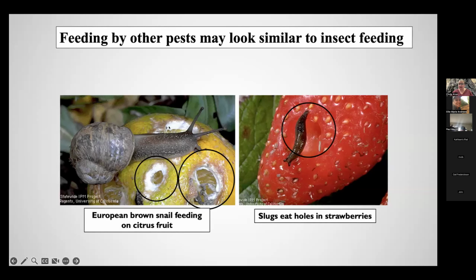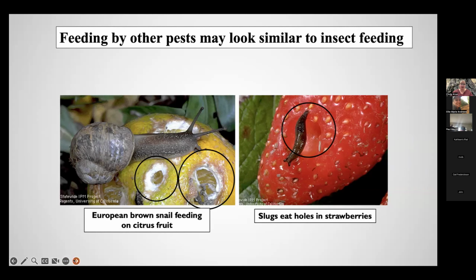It's a mollusk. And slugs eating holes in strawberries can have portions of that strawberry missing, which you would think is chewing mouth parts of an insect, but it's not an insect.